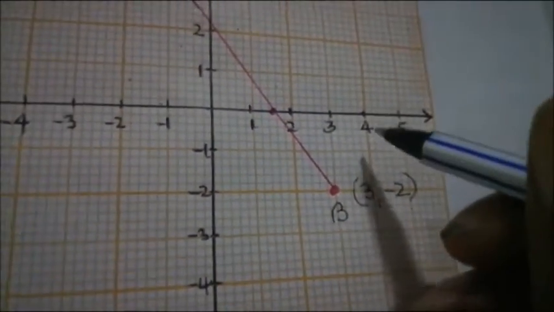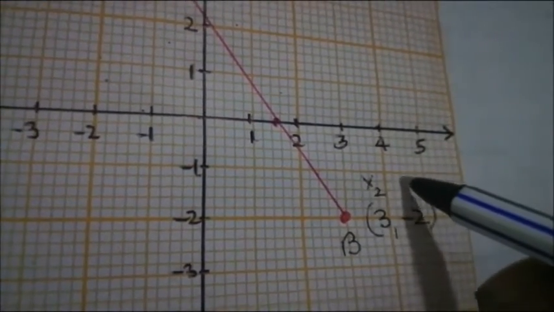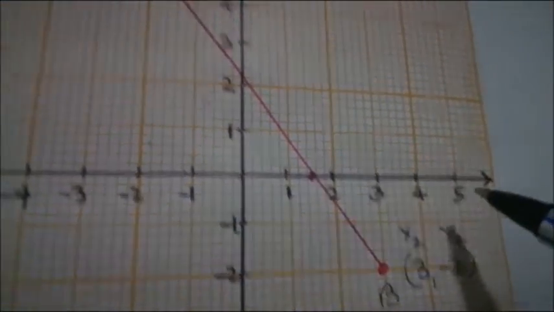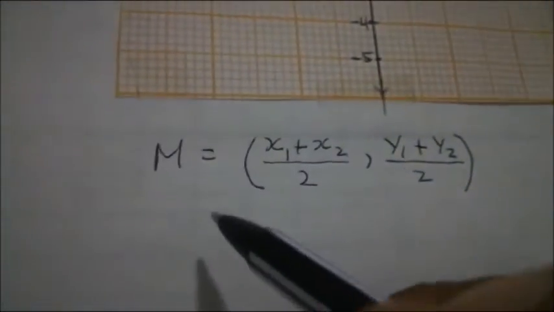So we know that this is going to be x sub 2, y sub 2, and this is going to be x sub 1, y sub 1, all right? So we can substitute these values into the formula. So let's go now.